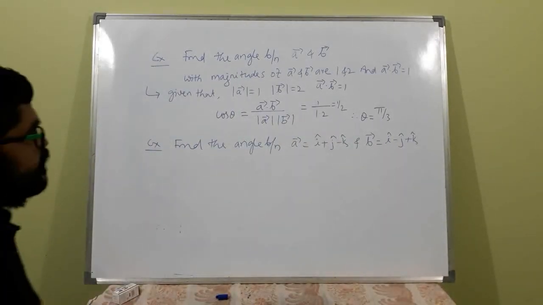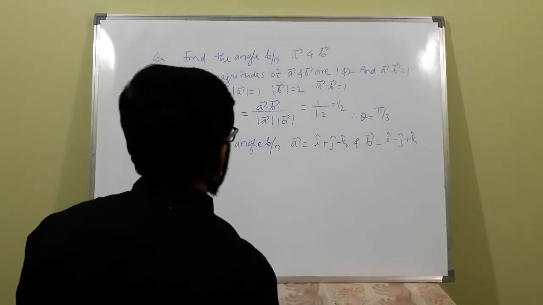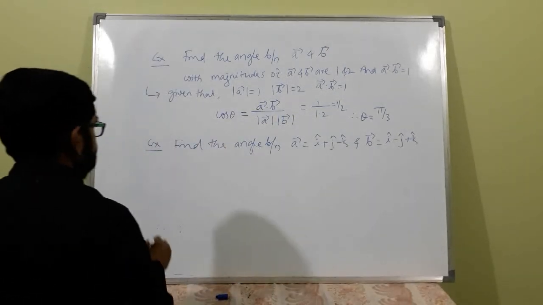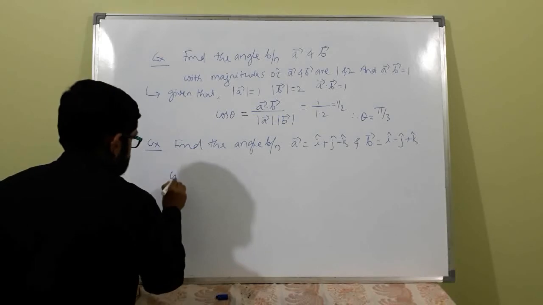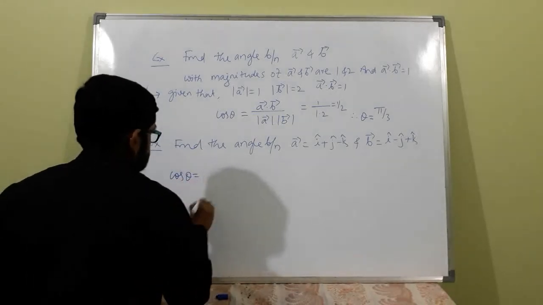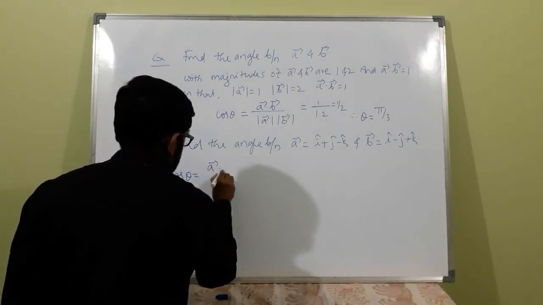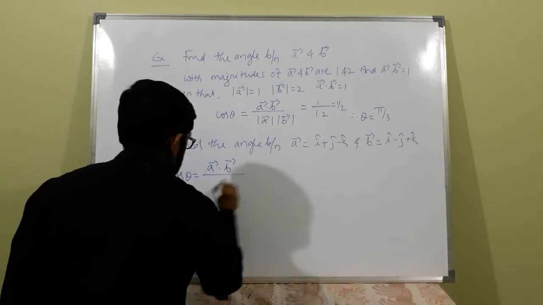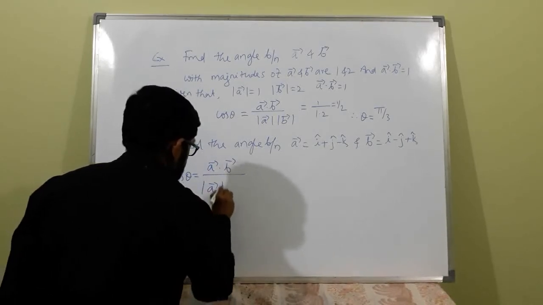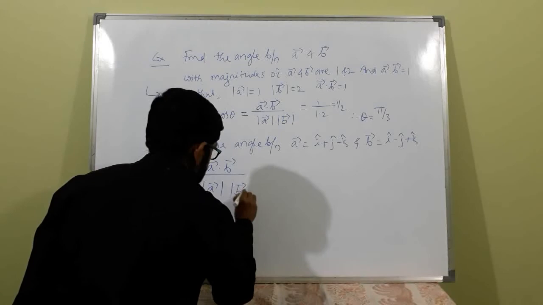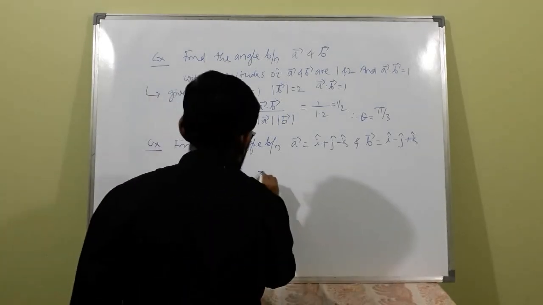Find the angle between A and B. Straightforward question it is. Cos theta is equal to A dot B divided by magnitude of A and magnitude of B. What is A dot B?